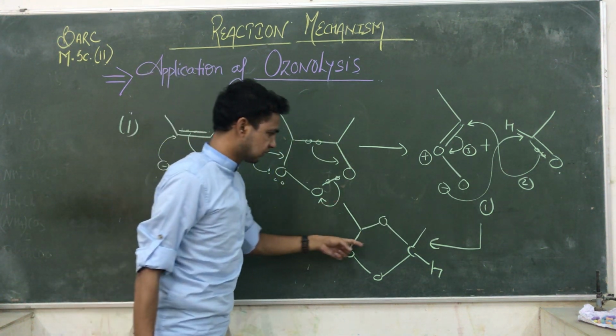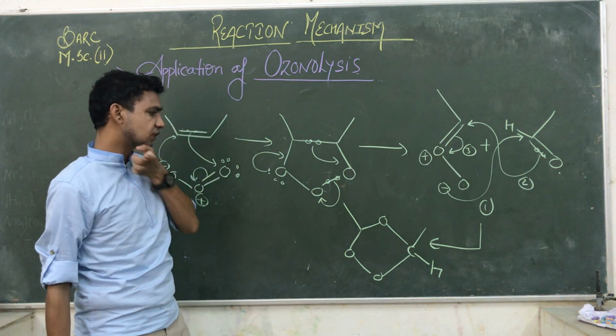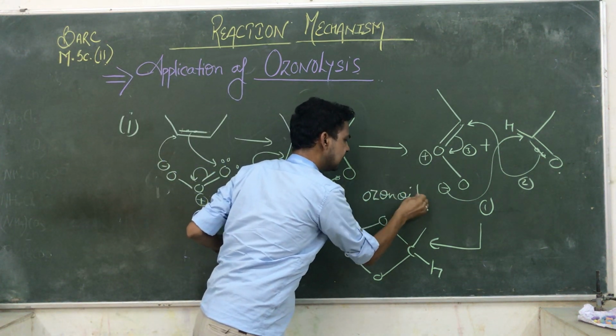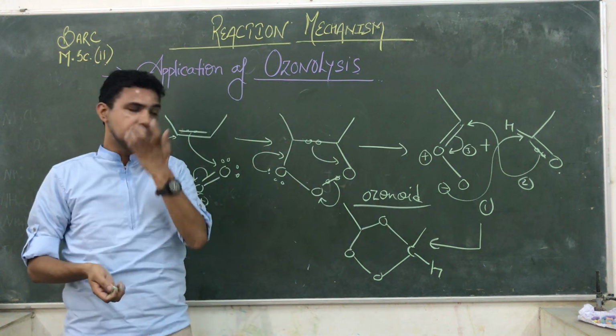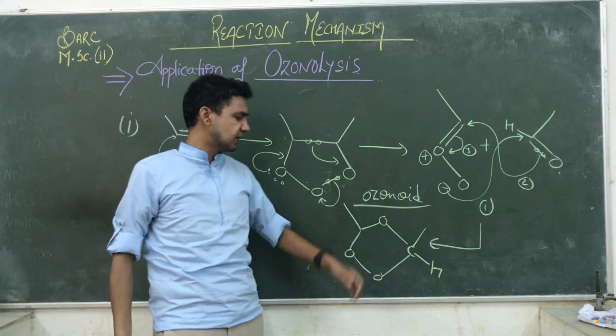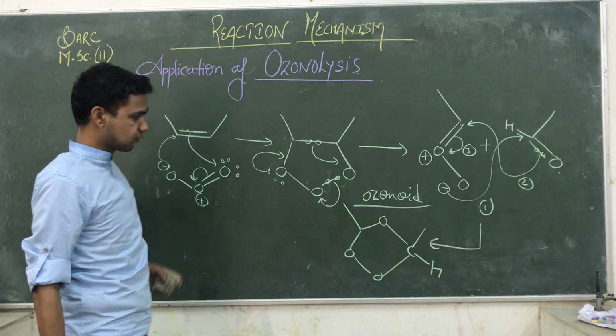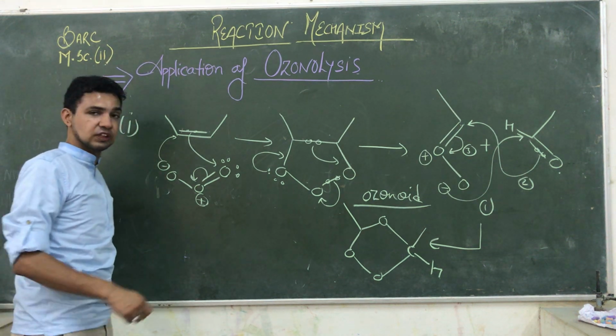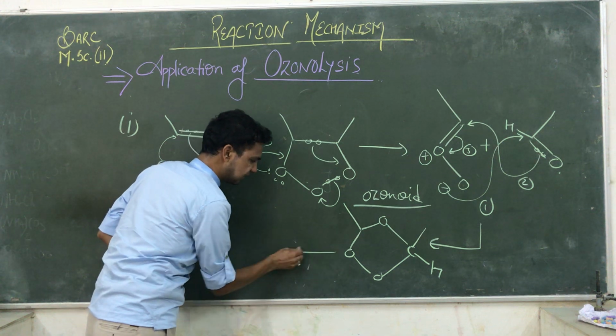So which type of structure is this? This is generally known as an ozonoid. It is stable, but generally, due to such an arrangement, it is highly what? Explosive in nature. So to remove its explosive nature, further cleavage takes place.